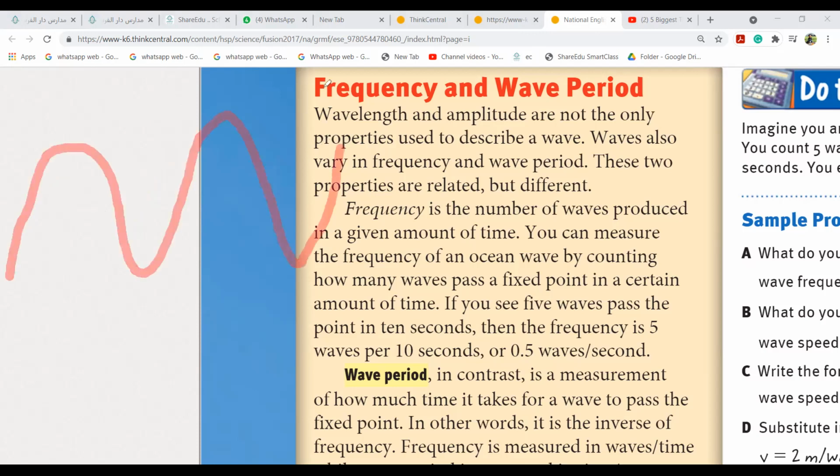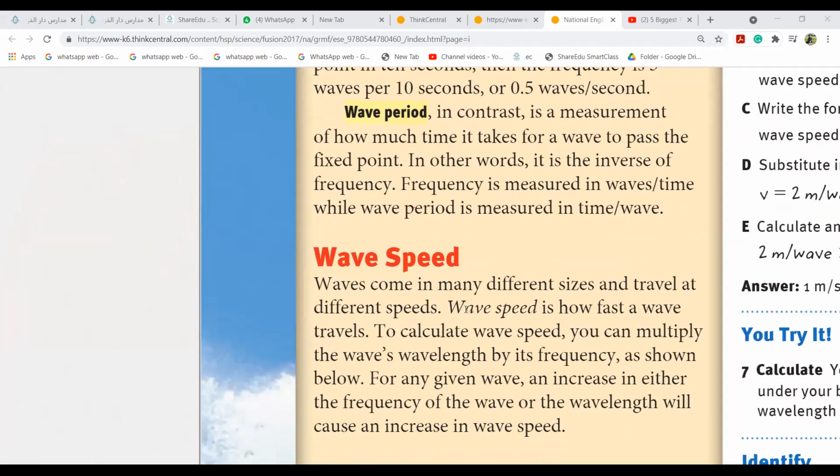So you must tell me the crest is the top part, the trough is the down part, the distance between both is the wavelength, and this half is called the wave amplitude. And other than these, we have frequency, that is number of waves per second, like 0.5 waves per second.